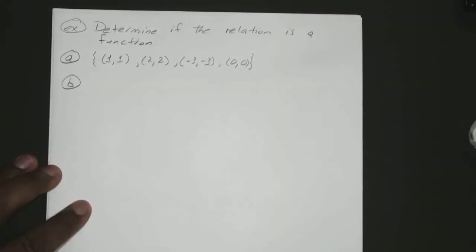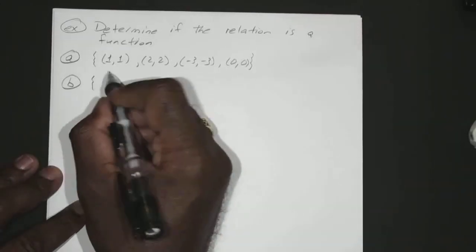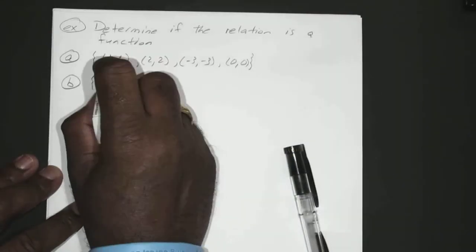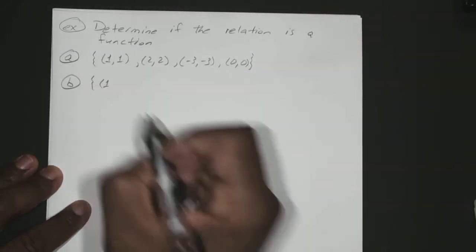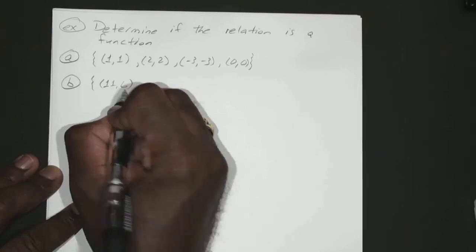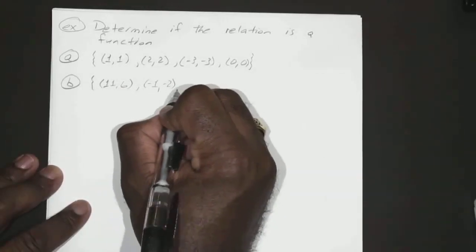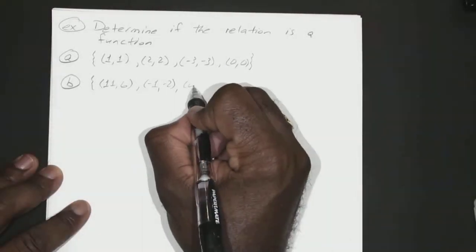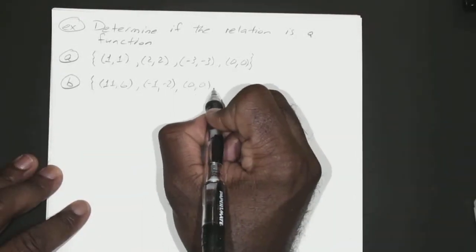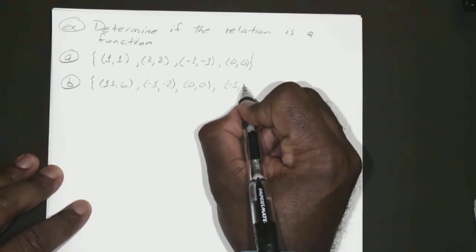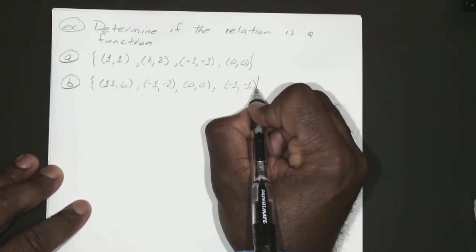For problem B, the points are (11, 6), (-1, -2), (0, 0), and (-1, -1).